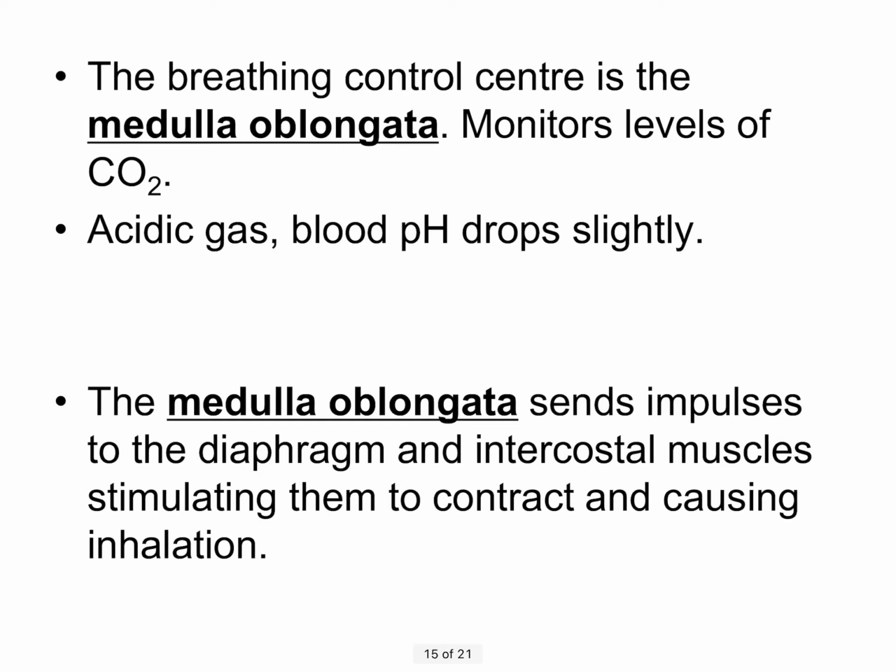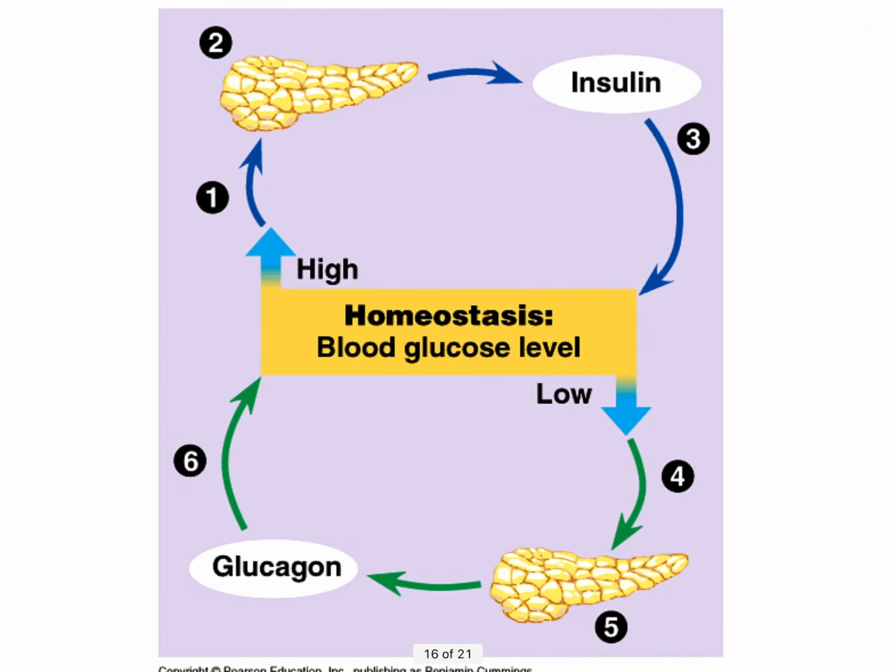The medulla oblongata detects this drop in blood pH and sends an electrical impulse to the diaphragm and your intercostal muscles, causing them to contract more. Then you have a faster rate of breathing until you bring your levels of carbon dioxide back to normal. So the breathing and the kidney as well is really important in osmoregulation. We'll talk about that in a minute.